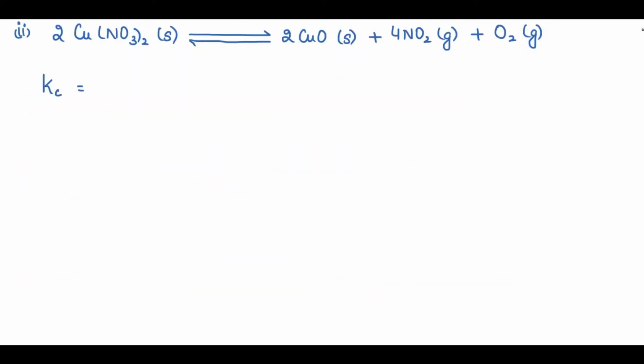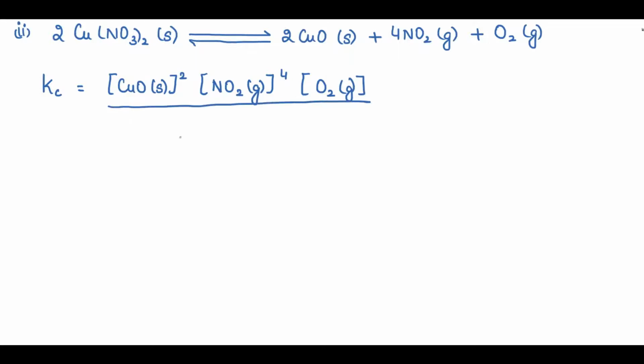Equilibrium constant, that means Kc, equals concentration of products. So the first product is CuO in solid state raised to the power 2, into NO2 in gaseous state raised to the power of its stoichiometric coefficient, that is 4, into O2 gas raised to the power of its stoichiometric coefficient, that is 1 over here, divided by concentration of reactant. We have only copper nitrate on the reactant side, so Cu(NO3)2, in solid state, raised to the power 2, that means its stoichiometric coefficient.